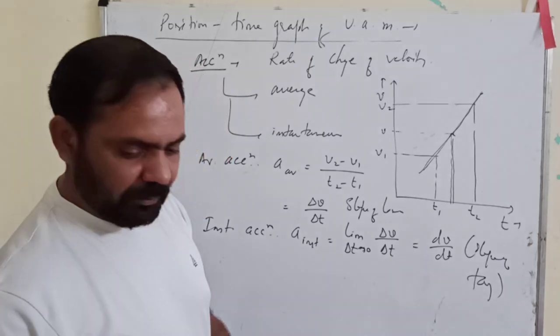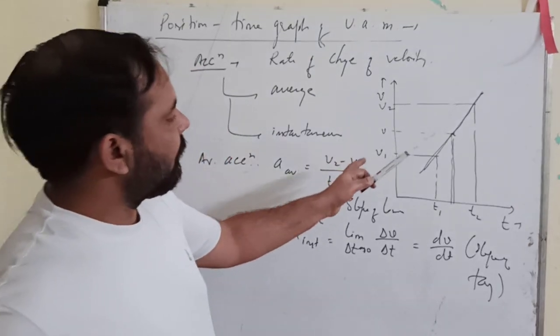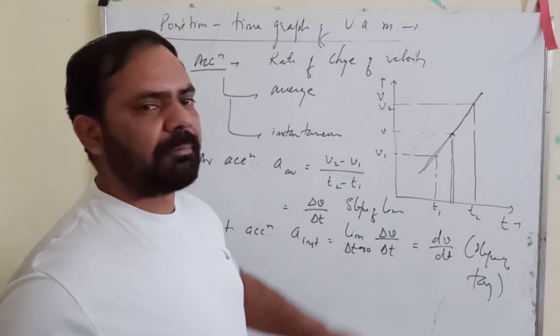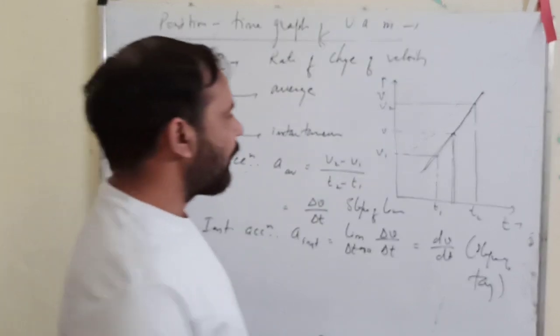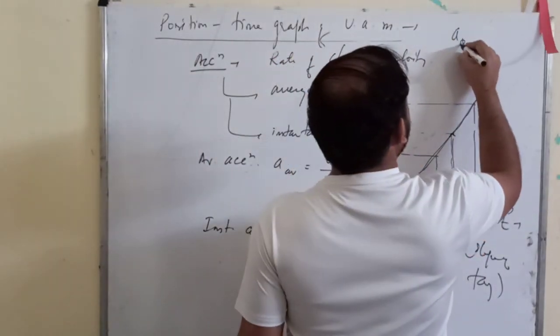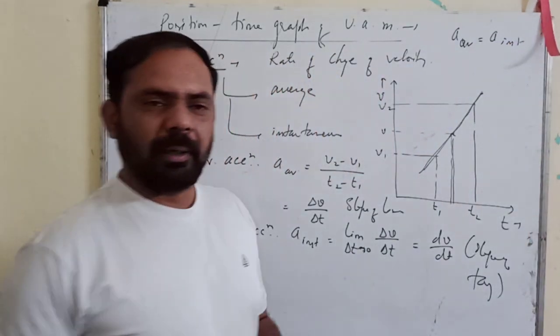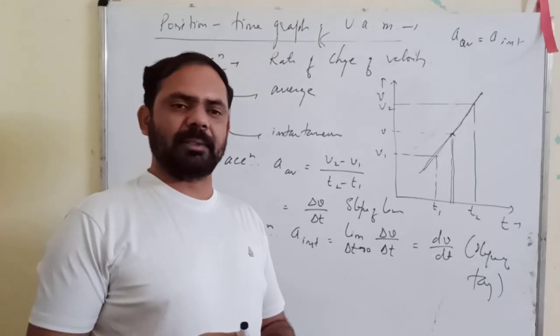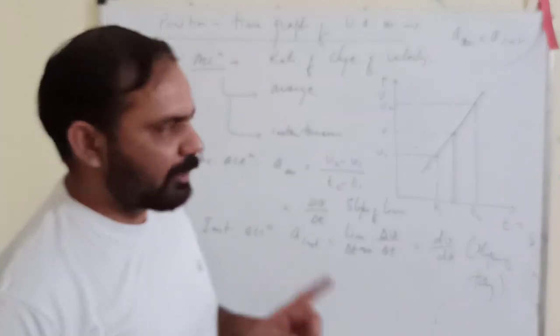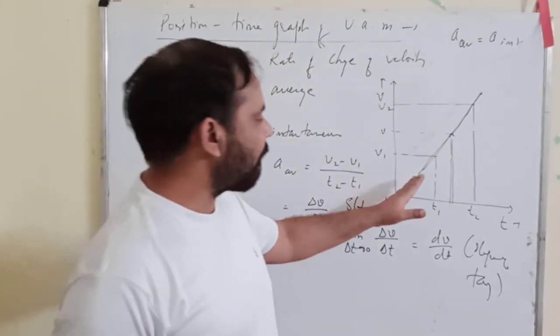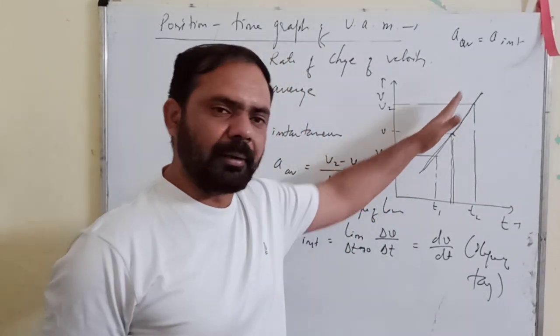So in the case of uniformly accelerated motion, A average is equal to A instantaneous. Average acceleration is the same as instantaneous acceleration.